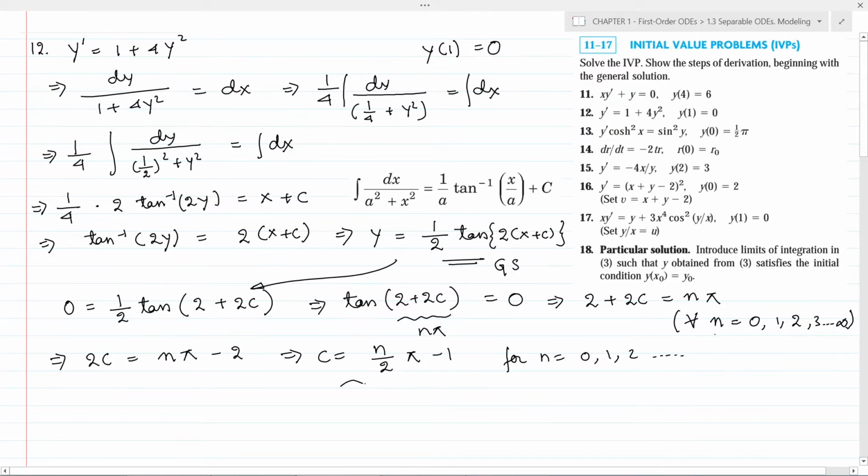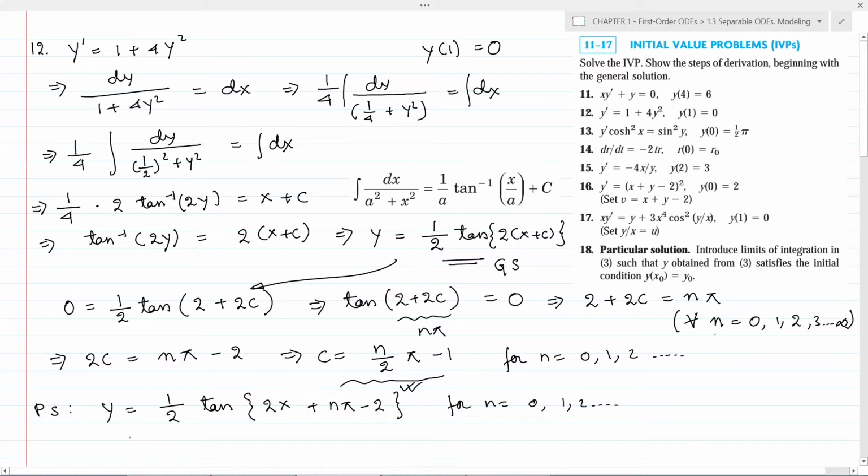We can substitute this value of c in the general solution to get the particular solution, which is y equal to half tan of (2x + 2 multiplied by this c), which is n pi minus 2 for n is equal to 0, 1, 2 and so on.